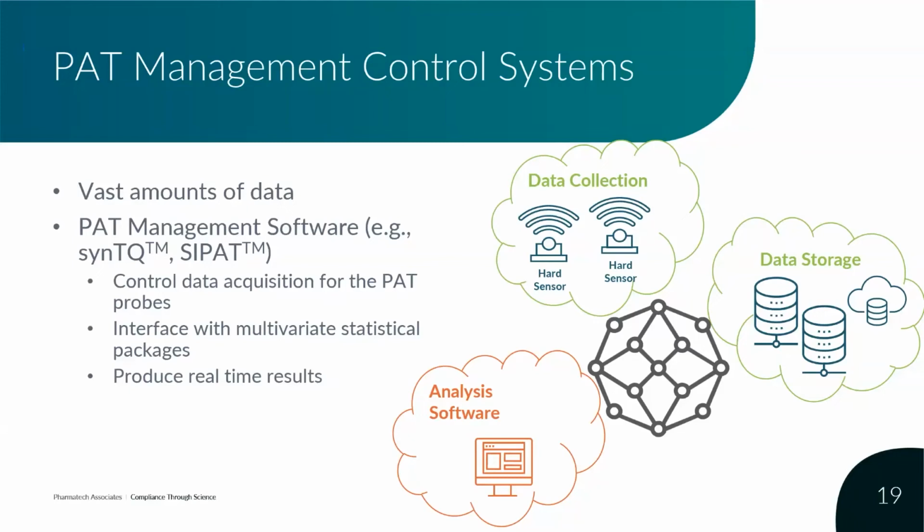The bottom line here is that every process analytical technology tool is going to have risk, and the management of those risks should be part of your control strategy, and quality should be involved in helping manage that sort of decision.